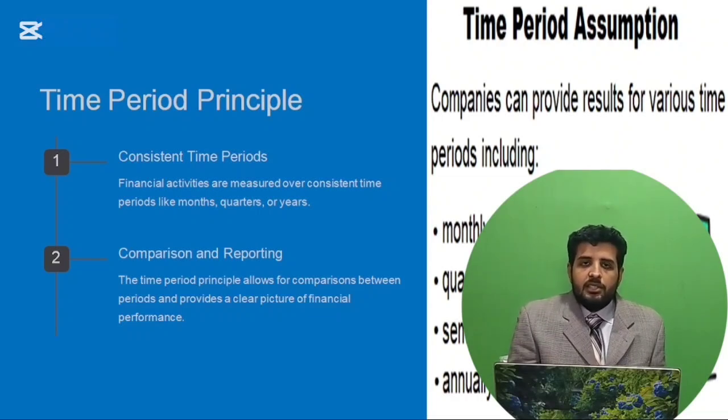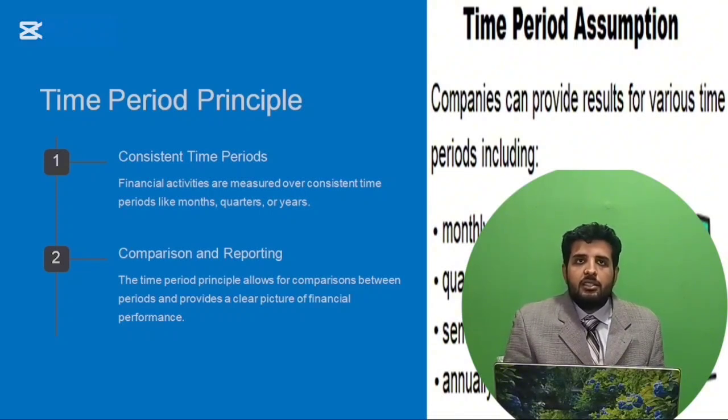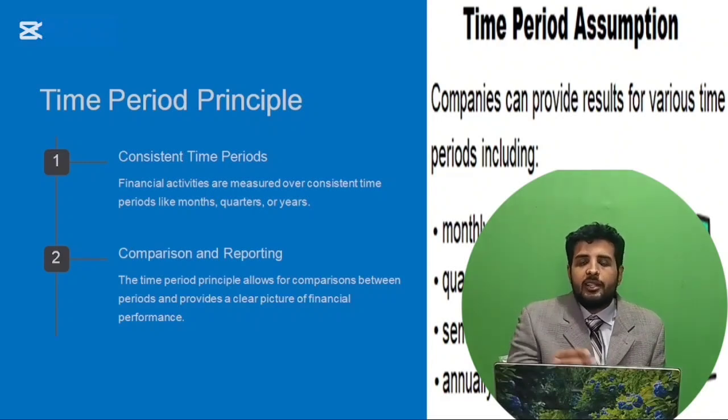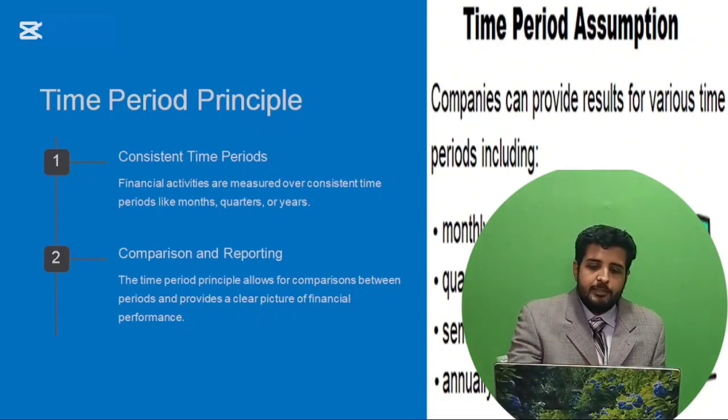These remain consistent for businesses over longer periods of time, whatever they have chosen. So it provides comparison. It can help us compare our performance to other businesses during that particular time period.